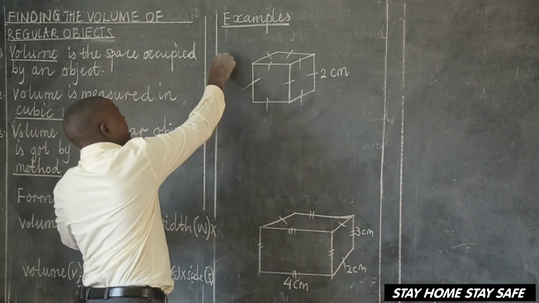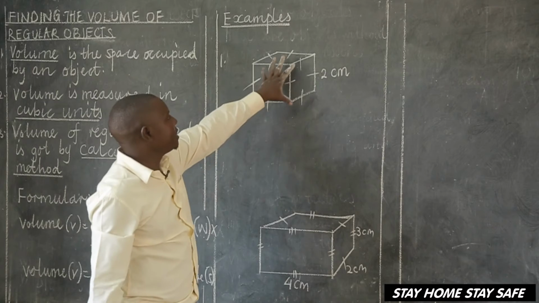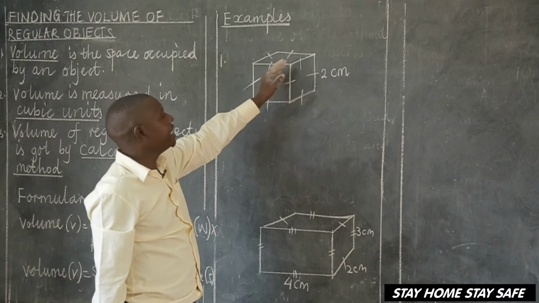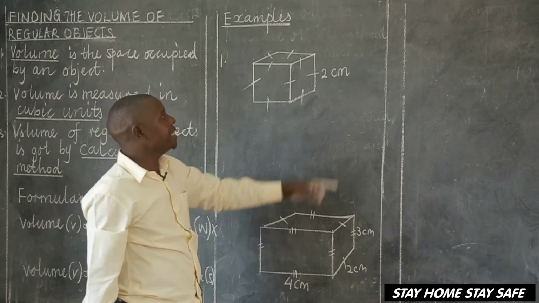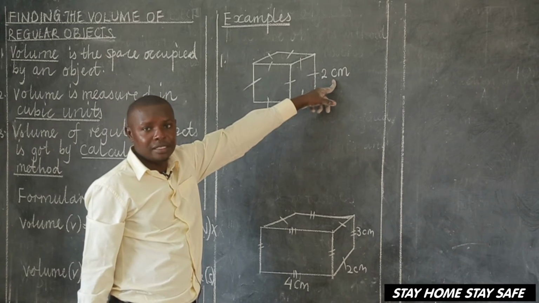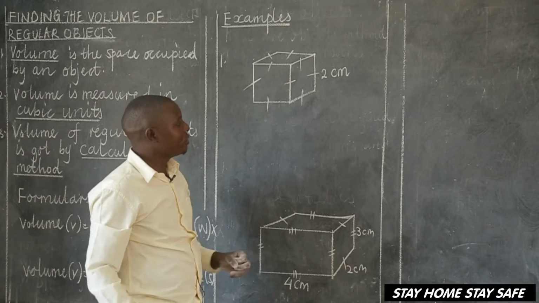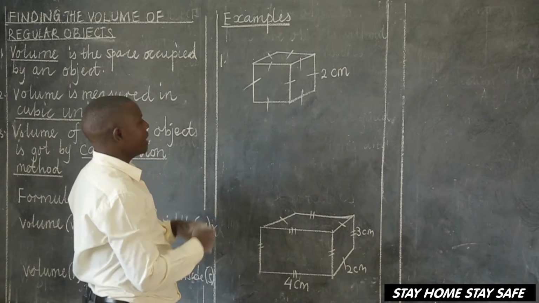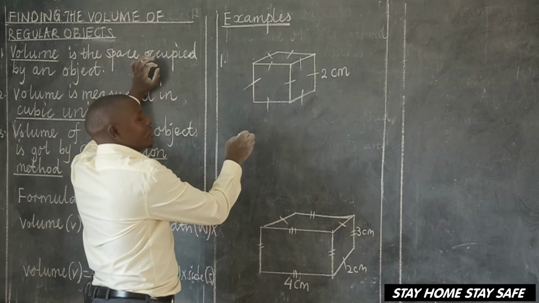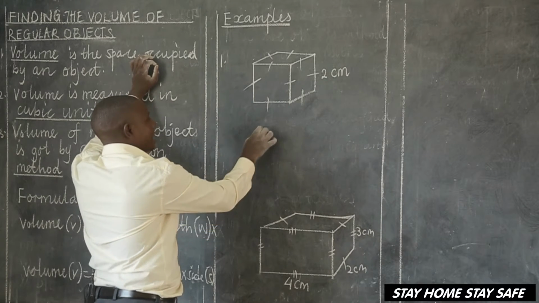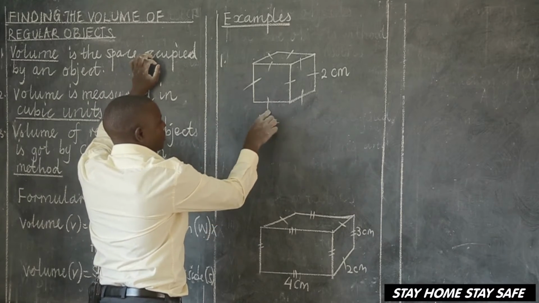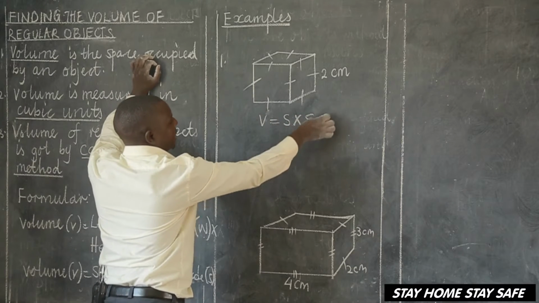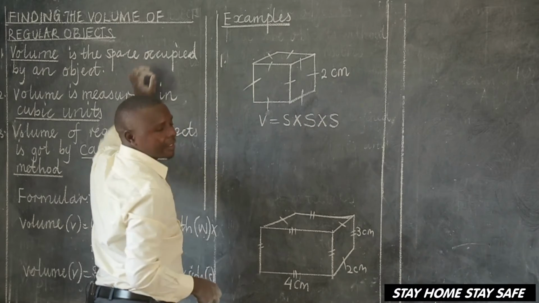Example 1, and they are saying that this is a cube. Why is it a cube? It has all sides equal, and each side is 2 centimeters. So we are going to get the formula as volume equals side times side times side.